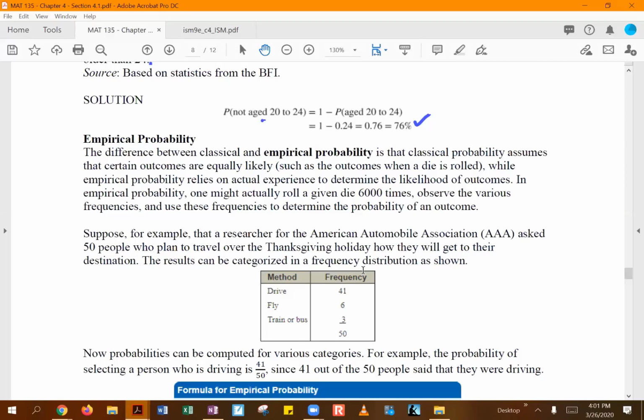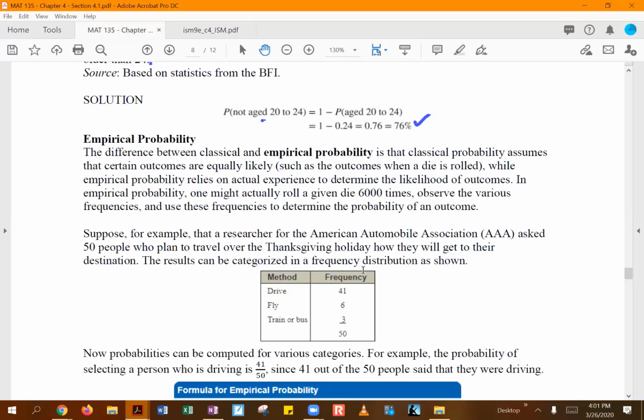Whereas in classical probability, we would say by our reasoning that 1,000 of those rolls should be a 1, because we know from classical probability that the chance of getting a 1 when you roll a die is 1 out of 6.